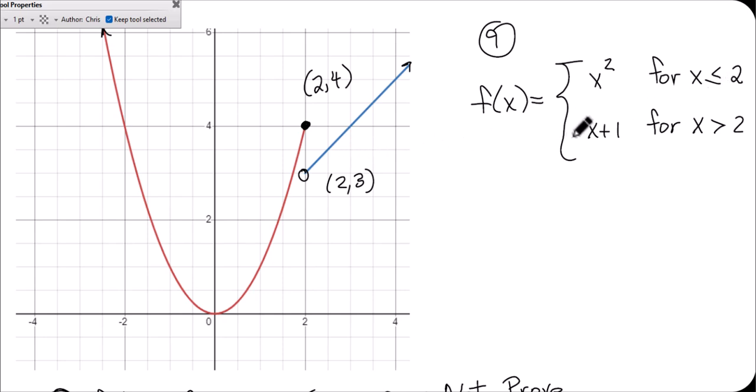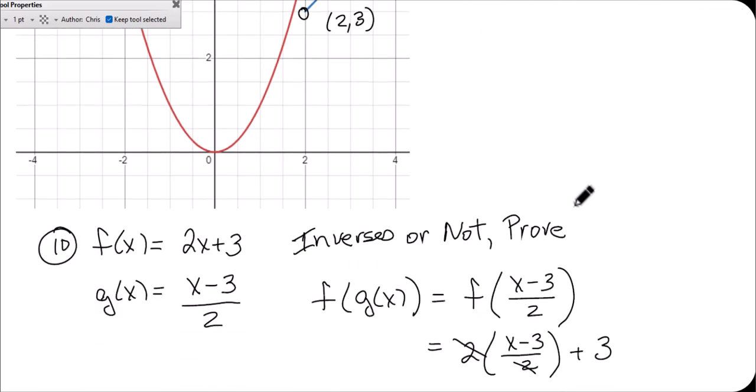On the line, we are looking at things bigger than 2. So I chop off everything to the left of 2. Where is that dot? And it is an open dot because there's no equal. The dot is at 2 plus 1, which is 3. So we have pieces, a part of the x squared, and a line for that part.